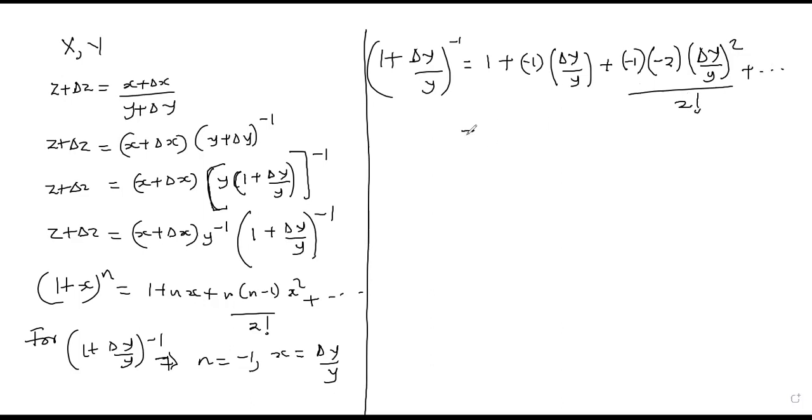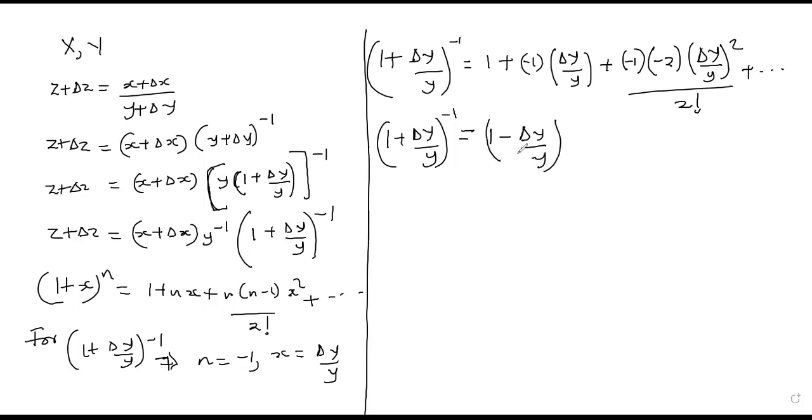So that expansion would give us, of course, we shall neglect this delta y squared because it has high powers. So as a result, you're going to have your 1 plus delta y over y to the power negative 1 as equal to 1 minus delta y over y. We have neglected this being too small, so it has reduced to this.